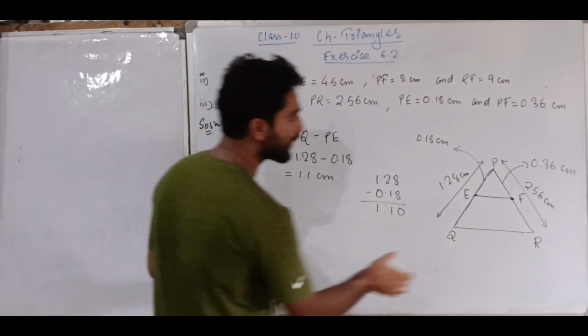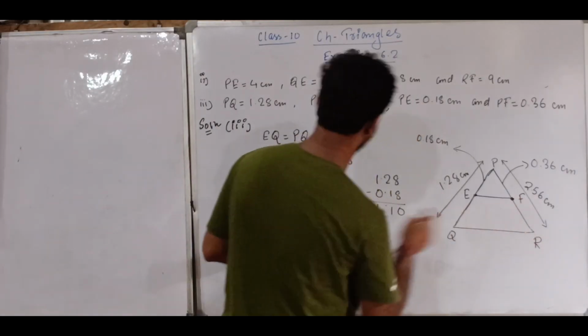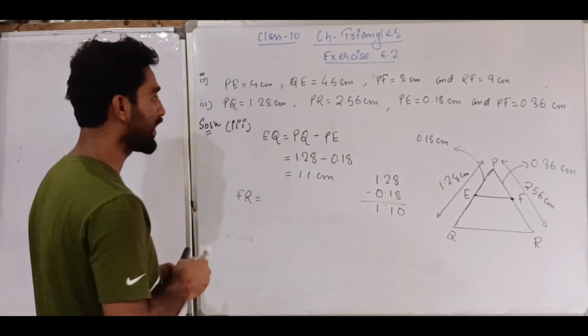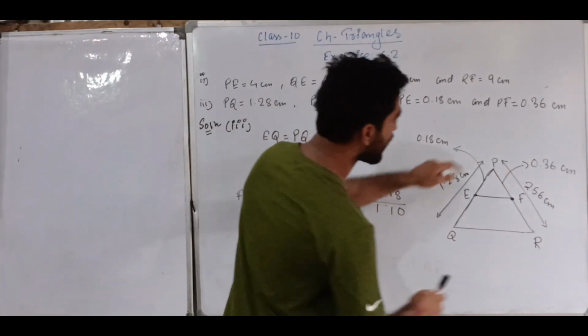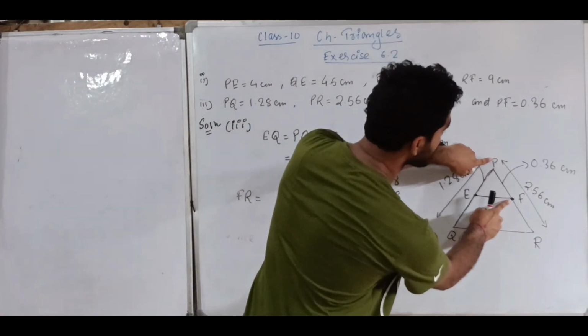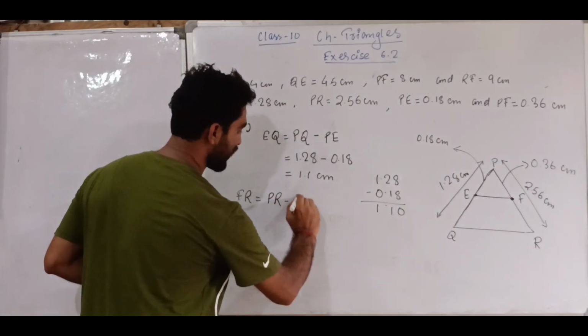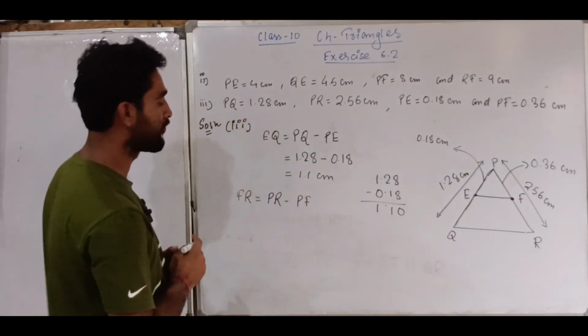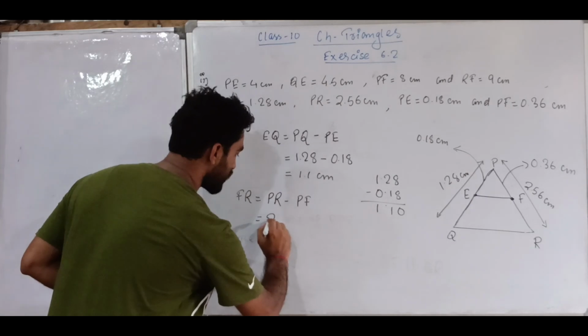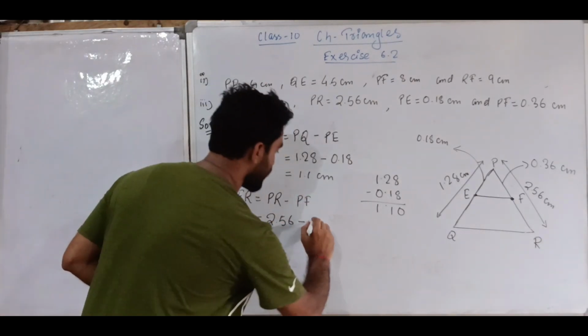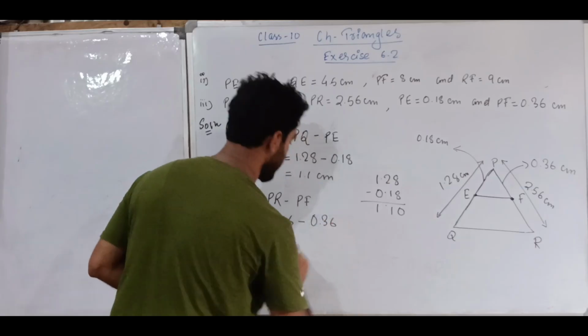So similarly, we can calculate the FR distance also. See, this FR will be what? This FR will be PR minus PF. So PR is given how much? 2.56 minus PF, which is given 0.36.